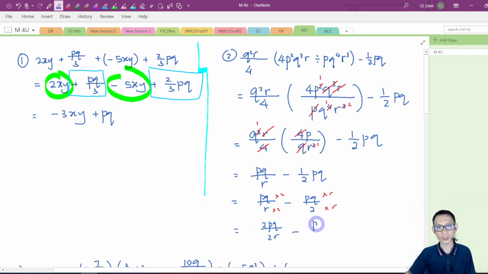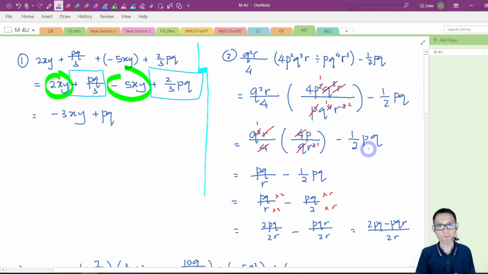Here will become pqr, 2r. Now they have the same denominator. We can combine them together. Become 2pq minus pqr over 2r. Okay, we just stop here because pq and pqr, they are unlike terms. We cannot perform subtraction between these two terms.